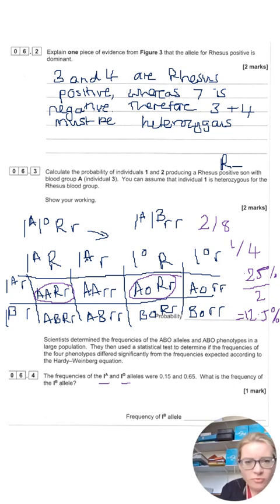So if there's only 3 alleles in the whole population, then the frequency of the B allele will be the frequency of the A allele plus the O allele, and subtract that from 1 equals 0.2.